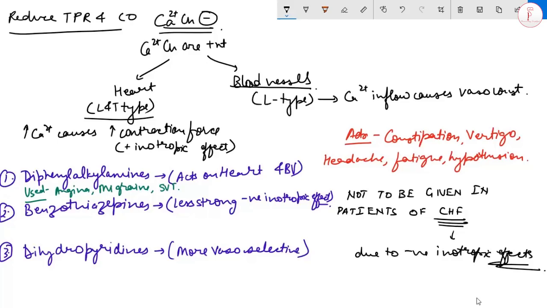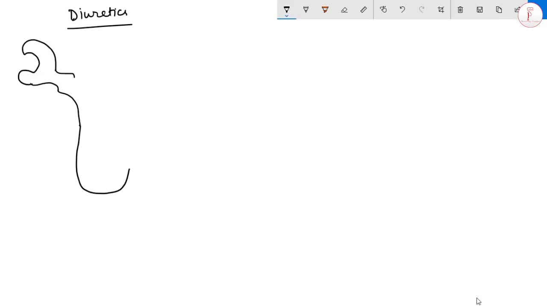The next category of drug is also very important: diuretics. Diuretics, what they do, basically they reduce the blood volume, so hence there will be reduced total peripheral resistance, and we will find reduction in blood pressure. So this is a very basic structure of a nephron. You can see the different parts of the nephron.